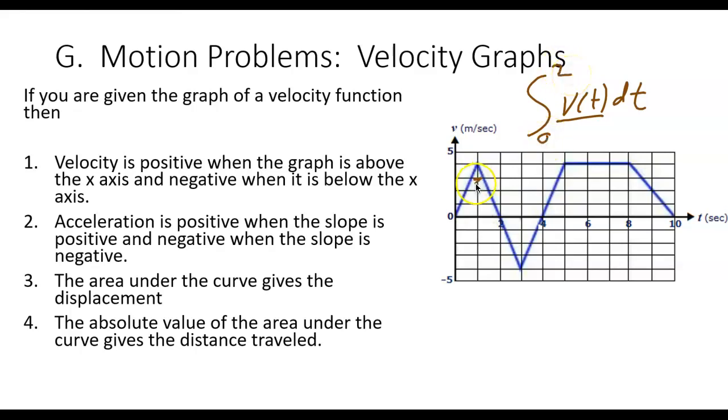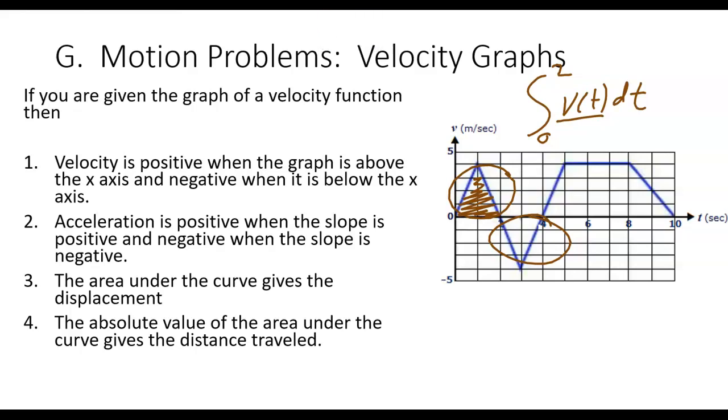Well, on this graph, that would be the area under the curve from 0 to 2. And whatever that is, that will tell you the displacement. Since all this is a positive area, that means that your object by the end of those first 2 seconds would be somewhere to the right or above where it started. If you did the displacement on this interval, it would be to the left or below, because that's a negative area there.